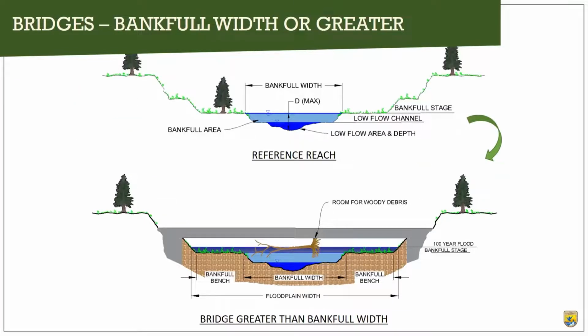Moving on, bridges are another great way to cross streams. And if we construct a bridge, we'd like to see them at least bankfull width or greater. If they're greater than bankfull width, we're providing for terrestrial animal passage along those banks, which is a bonus.